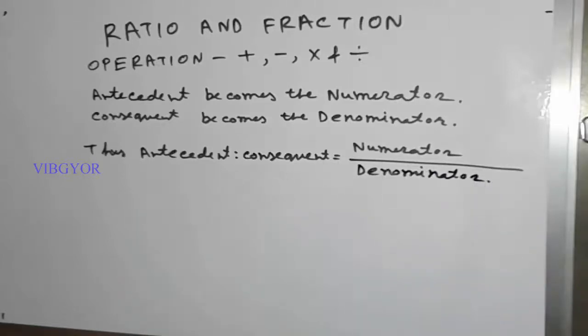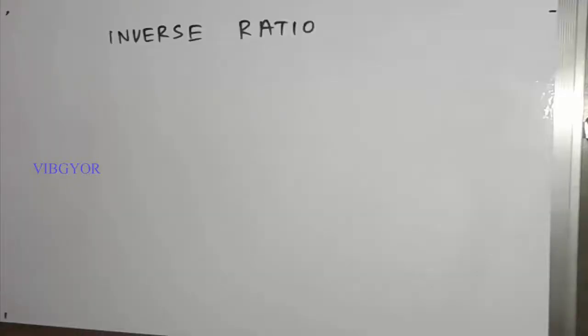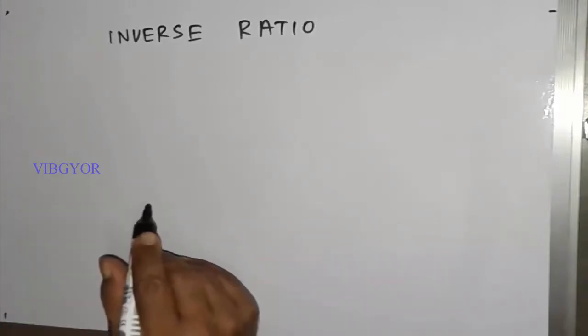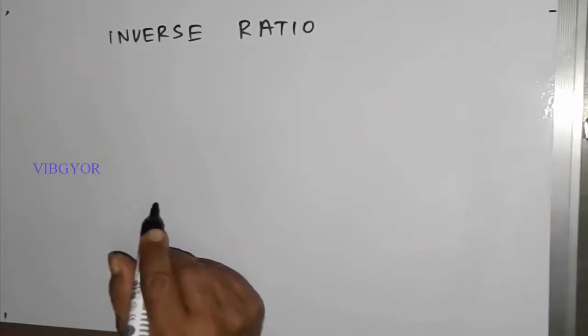Now inverse ratio. Between two ratios, if the first term, that is antecedent, and the second term, that is consequent, of one respectively become the consequent and antecedent of the other, then they are said to be inverse ratios.